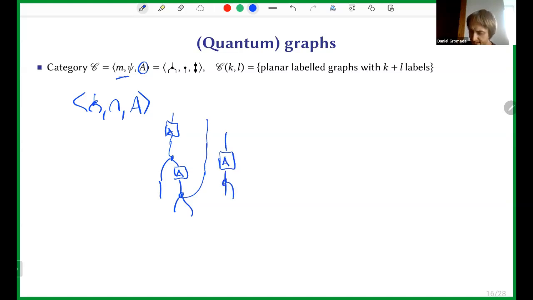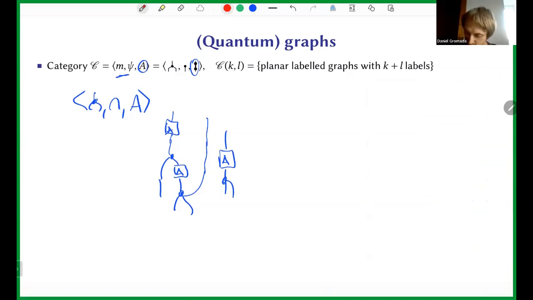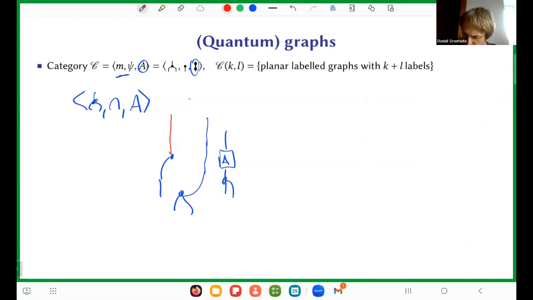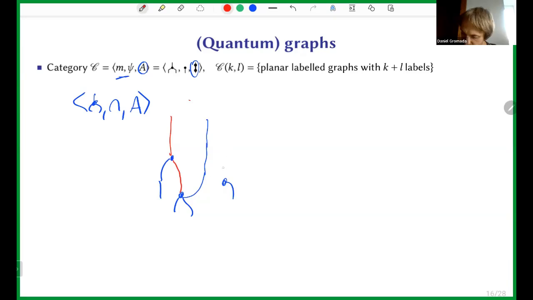So those are the elements of this category. You can slightly simplify your notation by deciding that instead of this box with A, I make a thick line, or since writing thick lines by hand is complicated, maybe red lines. So maybe the elements would then look like this. So the red line then stands for the adjacency matrix. So it's like these diagrams.